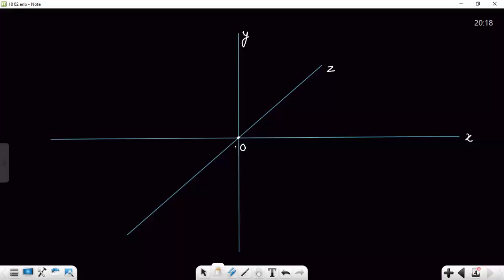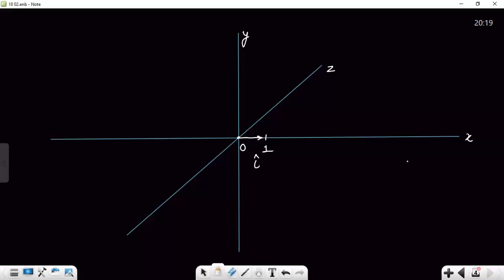So let's say if I have to move from 0 to 1 unit in x direction, like this is 1. If I have to move from origin to 1 in x direction, then I call it that I am moving in the direction of x, and that is i cap, because I'm moving unit distance.